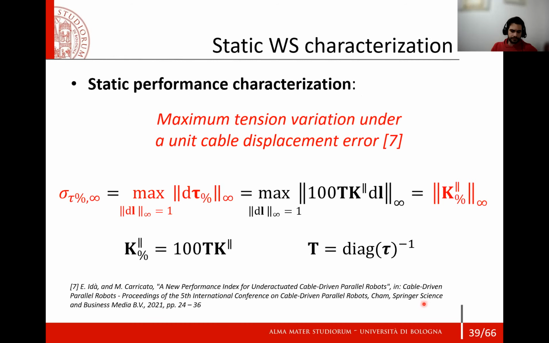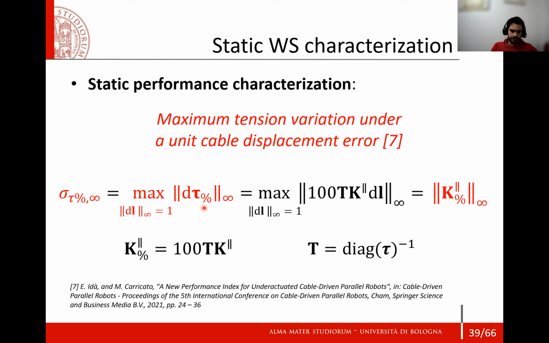We thus propose the formulation of a new performance index called maximum tension variation under a unit cable displacement error, which characterizes each reachable configuration. This index is defined as the maximum infinity norm of the tension percent variation under a unitary cable length error.